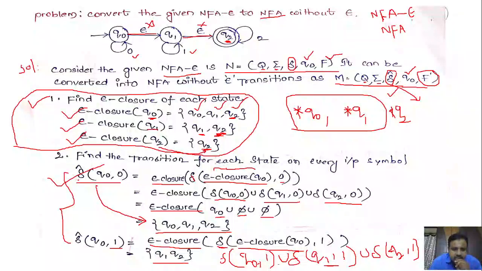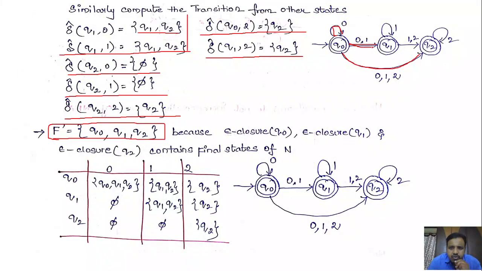So that's why from q0 to q2 we have 0 comma 1 comma 2.